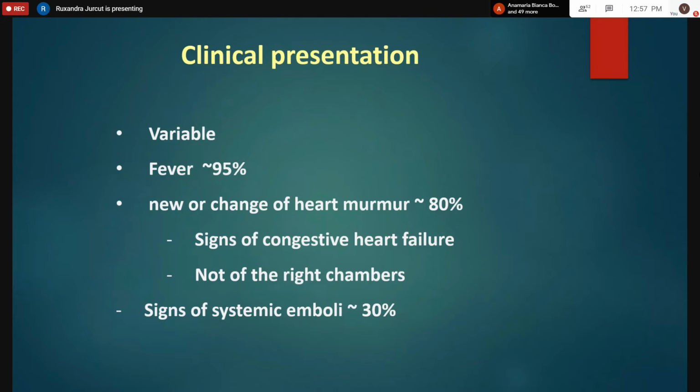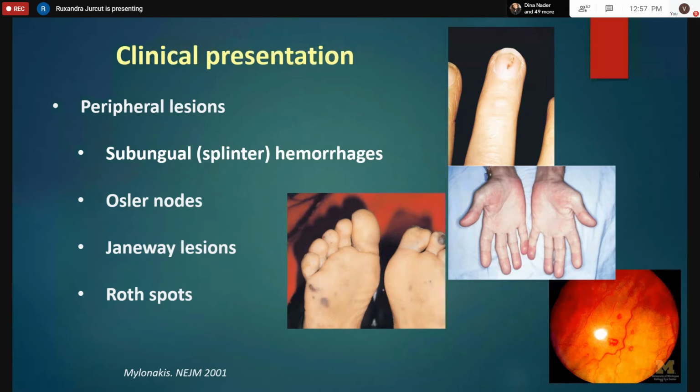Of course, first you would think of pyelonephritis, but if you find out that the patient is known to have mitral regurgitation for a few years, then you should think as well of infective endocarditis. And when you think of it, you should begin to look a little more in depth at the patient.